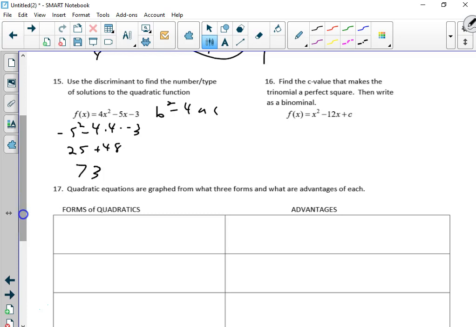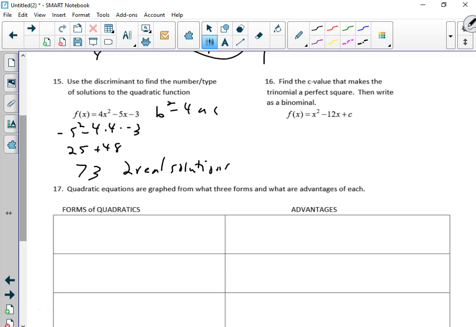That gives me 73, which is 2 real solutions. If I would have ended up with a negative number, it'd be 2 imaginary or non-real solutions, or no real solutions. And if it was 0, it'd be 1 real solution.